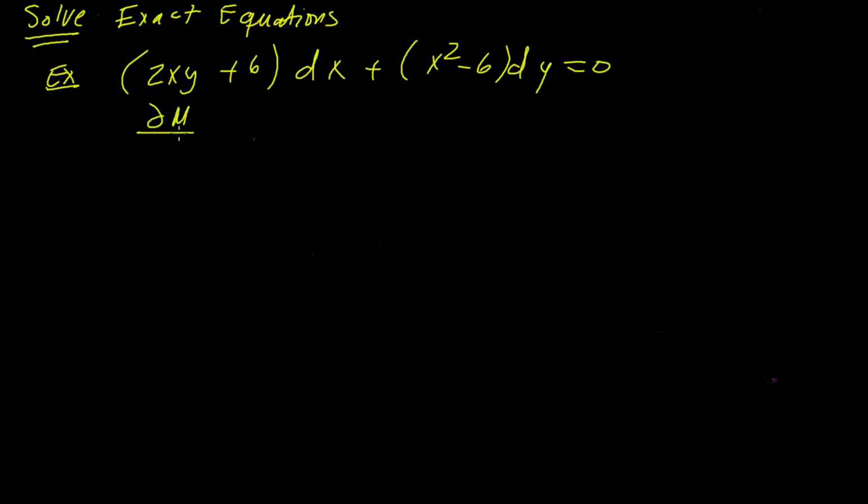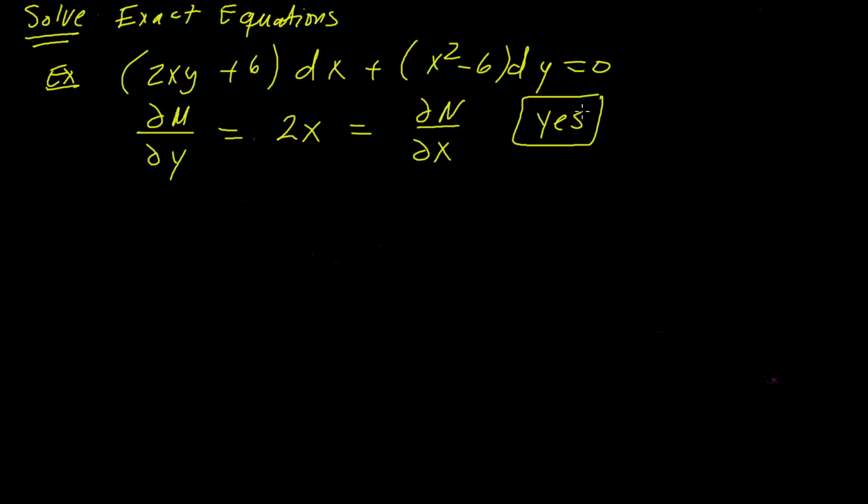So now when you differentiate this M part with respect to y, and when you differentiate this N part with respect to x, what do you get? 2x, okay? And that means the test of exactness holds, and it is exact. All right, so now we'll move to the next step to solve.